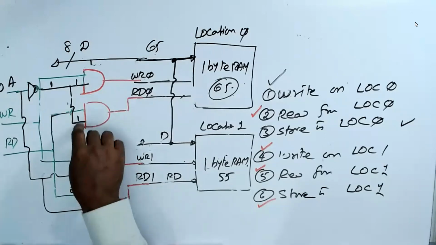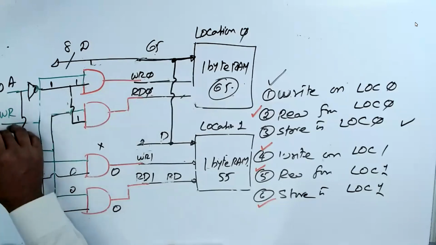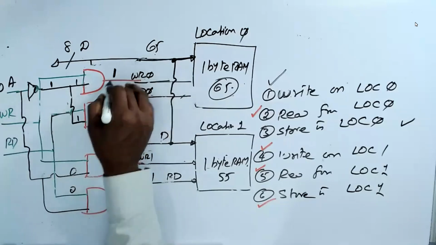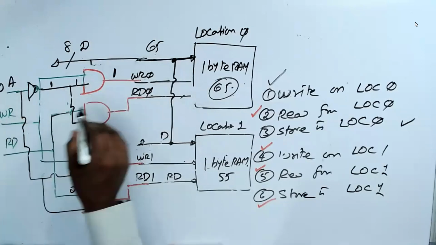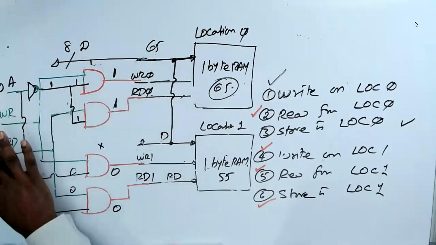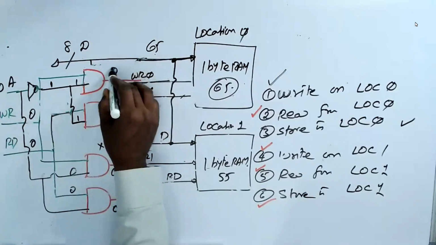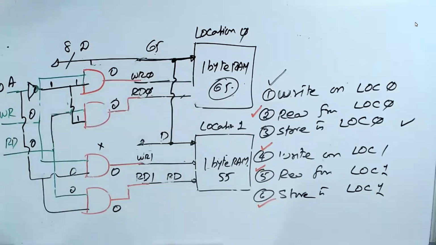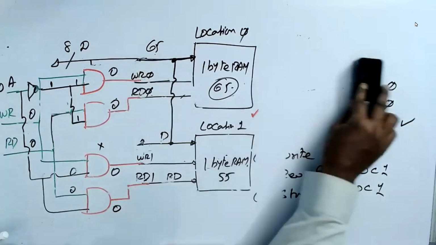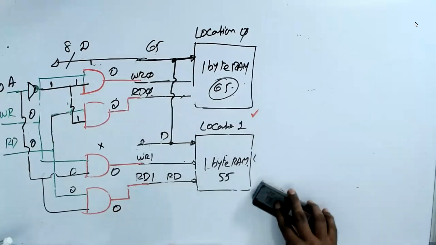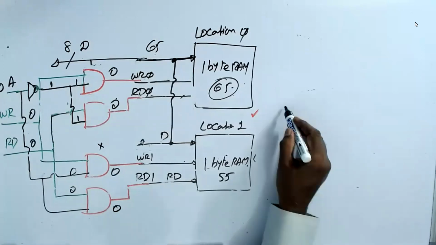But since they are 1, if write is 1, write 0 becomes 1. If read is 1, read 0 becomes 1. When both are 0, these are zeros. Now I can draw a table.